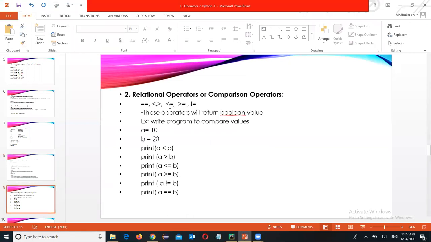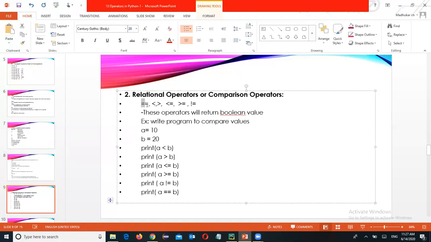Double equal to, less than, greater than, less than or equal to, not equal to, greater than or equal to.